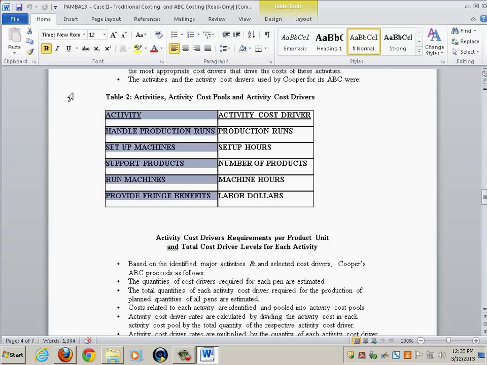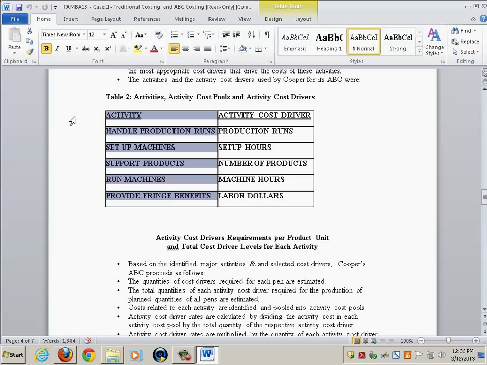In this case, it's assumed that has already been done by the experts, and the activities identified as the major activities are handling the production runs, setting up the machines, supporting the product, running the machines, and providing fringe benefits to labor. Now, usually that's not a typical example, because when you do detailed activity analysis, you will have not just a sequence of 5 activities, but many more. But that's just for the sake of keeping the example short and simple.